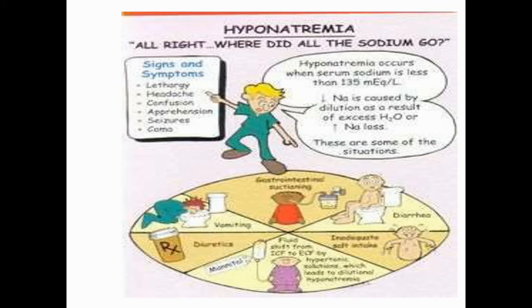Hyponatremia occurs when serum sodium levels are less than 135 milli equivalents per liter. When the sodium level is less than 135 milli equivalents per liter, they'll be going for hyponatremia.